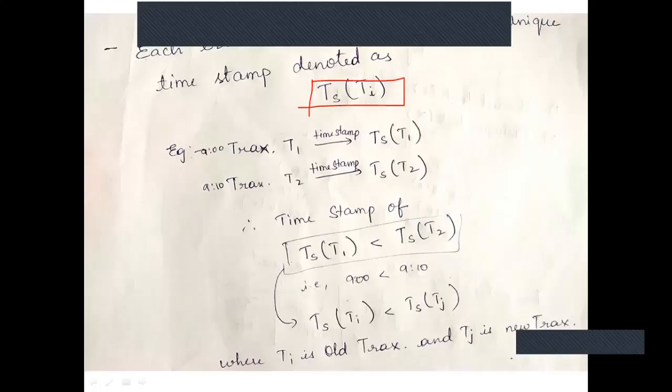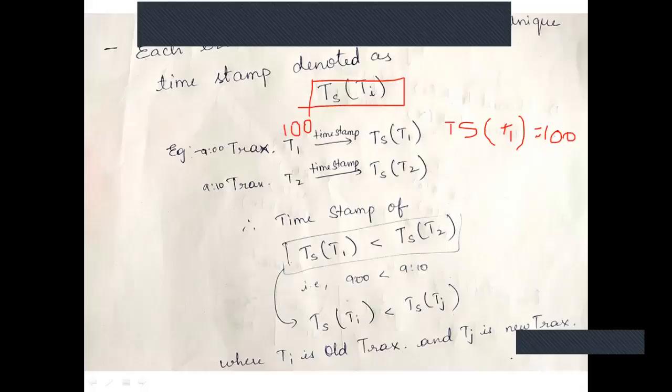Suppose there is a transaction T1 whose timestamp value is 100. We write it as TS of T1 equal to 100.